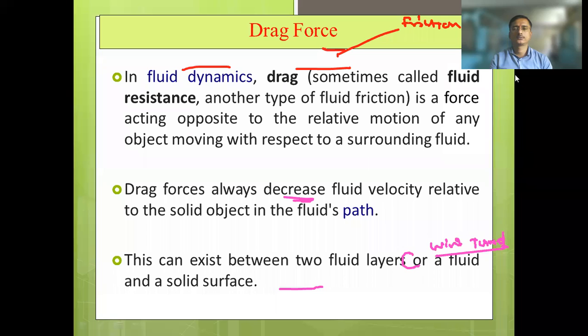Next, drag forces always decrease fluid velocity relative to the solid object in the fluid's path.